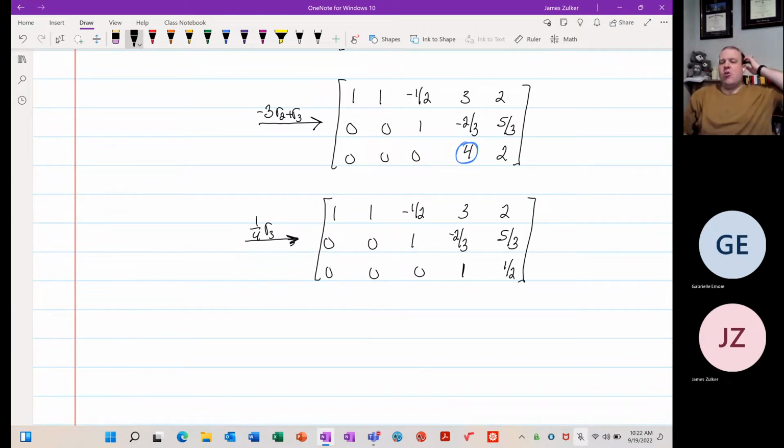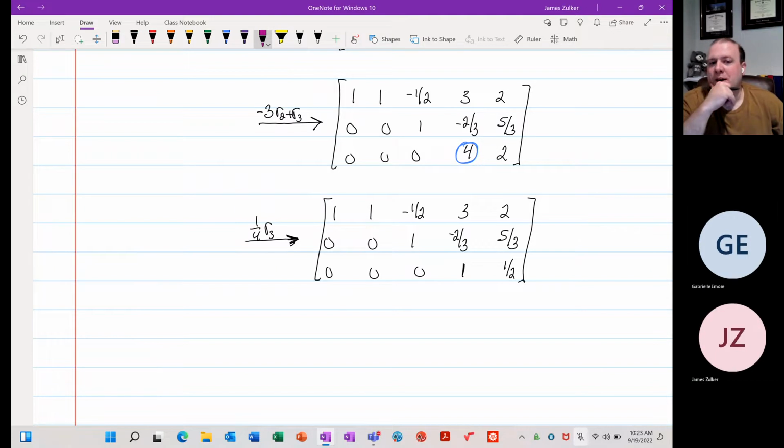By the way, that would be the REF of C. But now we want to put it into RREF, which means we need to look at all of the leading ones and make sure that not only are the entries below them 0, but the entries above them are also 0.